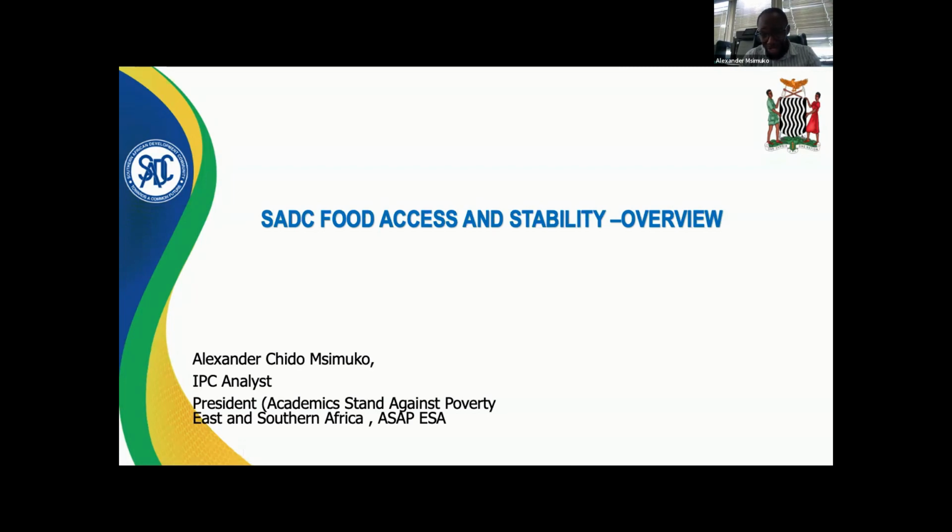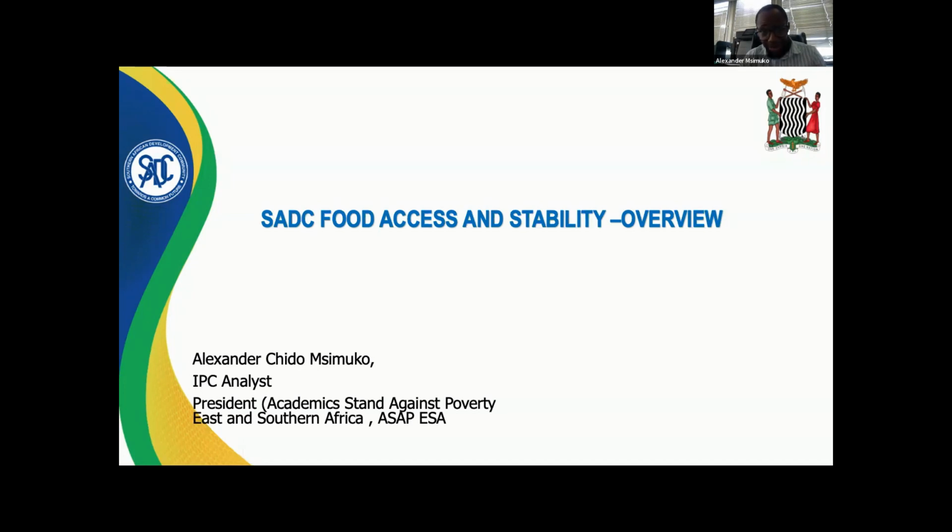So most of the data that we're presenting is based on IPC reports. IPC is simply the Integrated Food Security Phase Classification system, or method. Most of the data is based on primary data as well as secondary data, which has been converged by a number of stakeholders in the region.